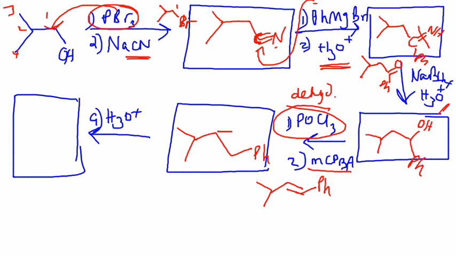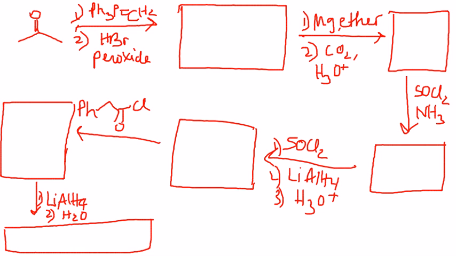So I'm going to show the epoxide with the good stereochemistry. And now when you treat that with hydronium ion, it's going to give you an OH on one side and an OH on the other side. And that's your final product. That's about it.